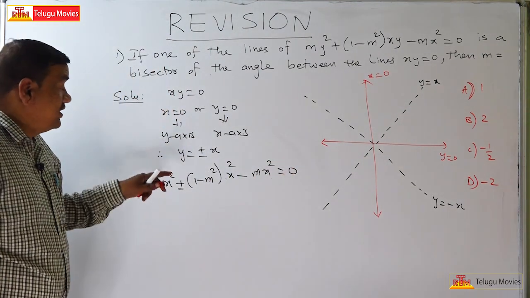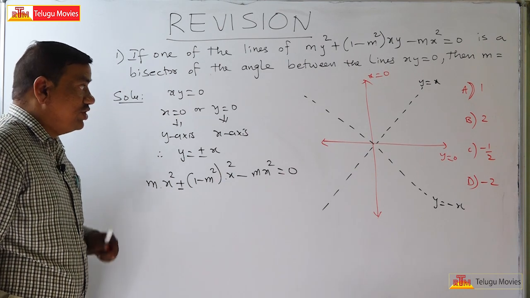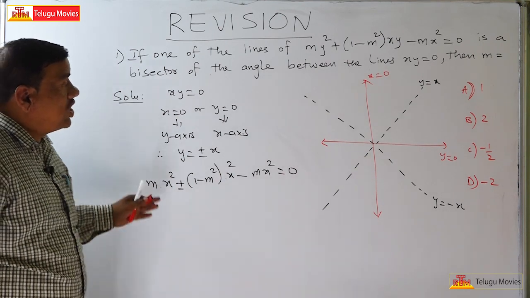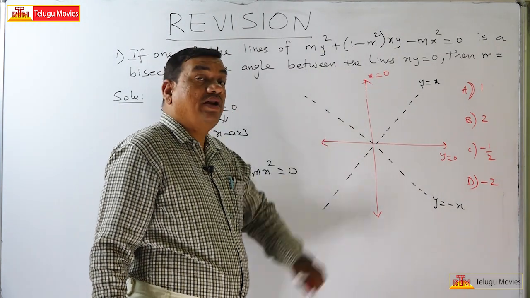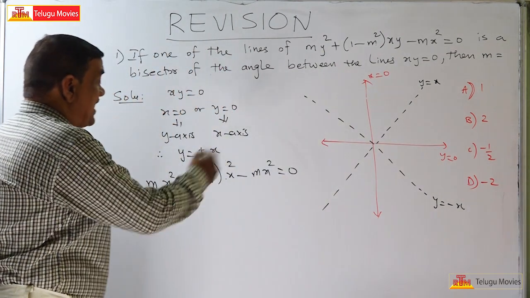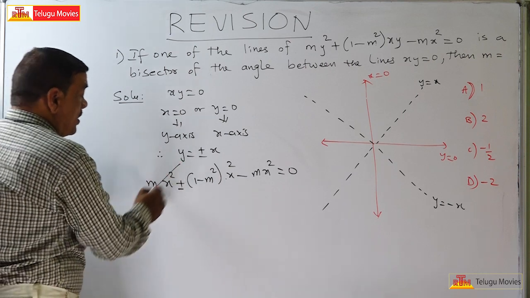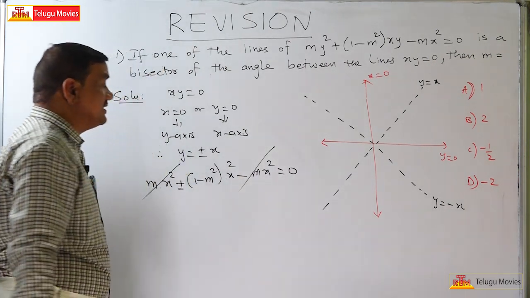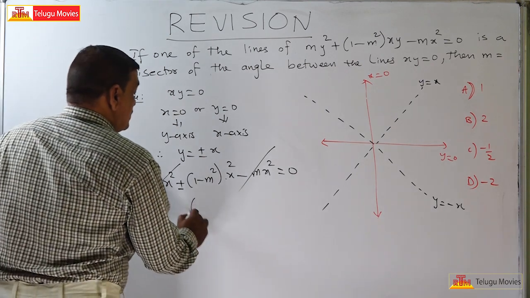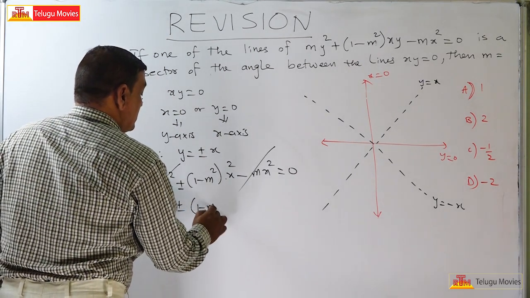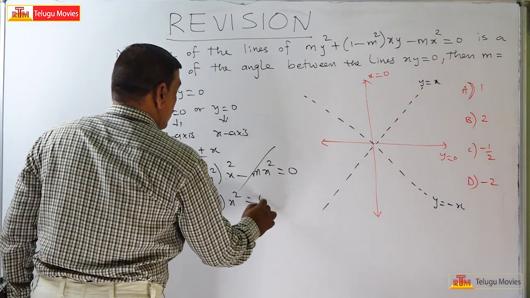Since x cannot be equal to 0, because it is already given that one of the lines is an angle bisector of x and y, we can cancel. So mx square minus mx square is equal to 0. Then this is plus or minus 1 minus m square x square is equal to 0.